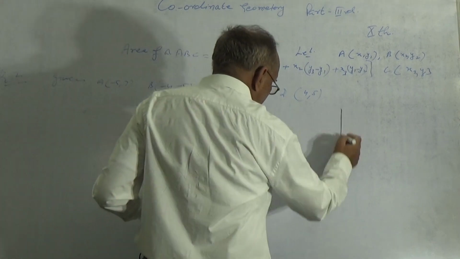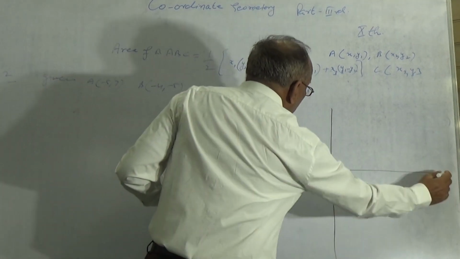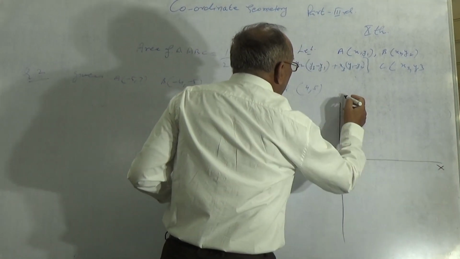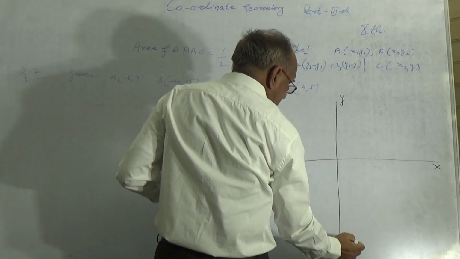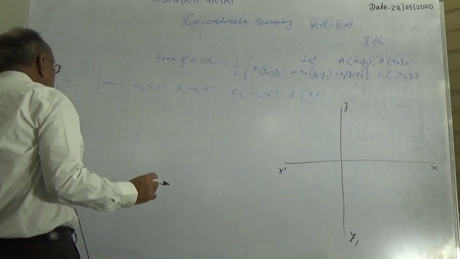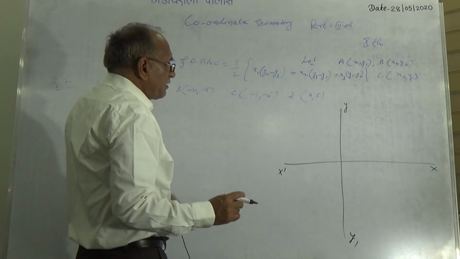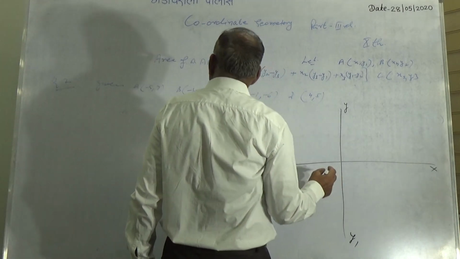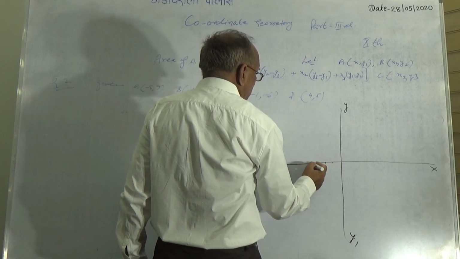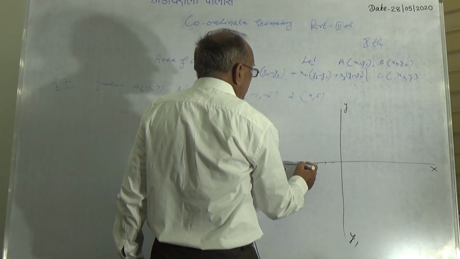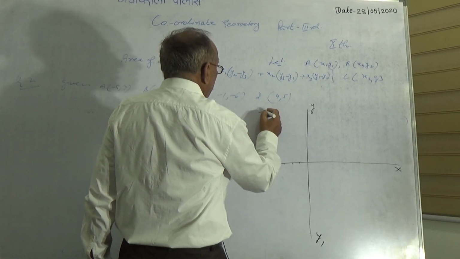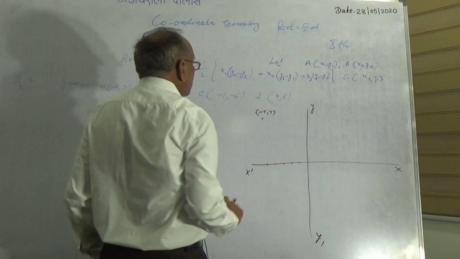Firstly, we draw x dash O x, y O y dash. We draw these points. A minus 5 7, minus 5, 1 2 3 4 5, minus 5 plus 7 upward, minus 5 7.